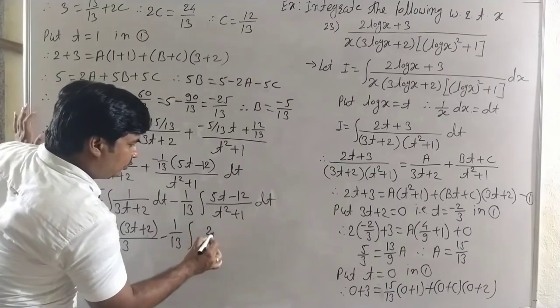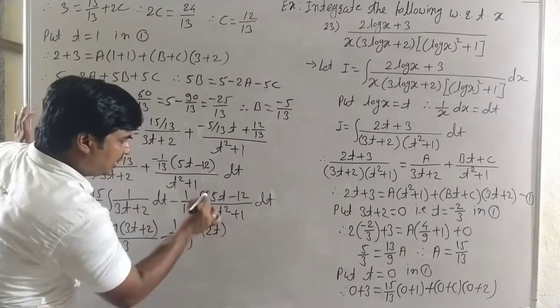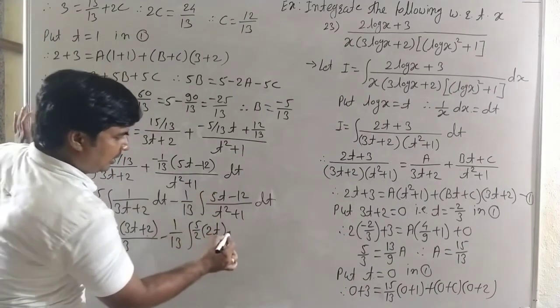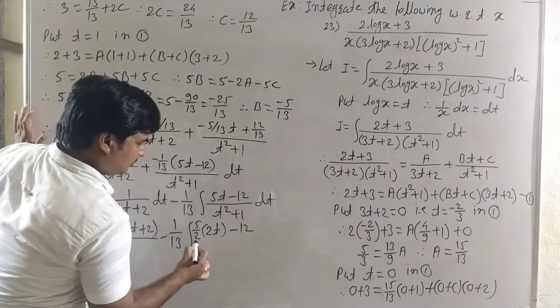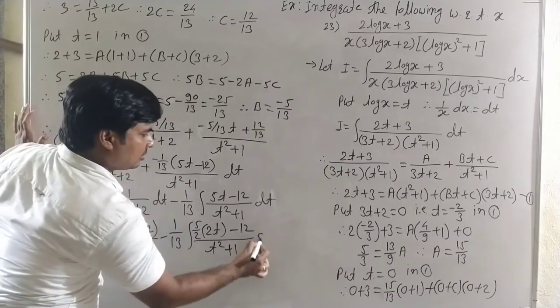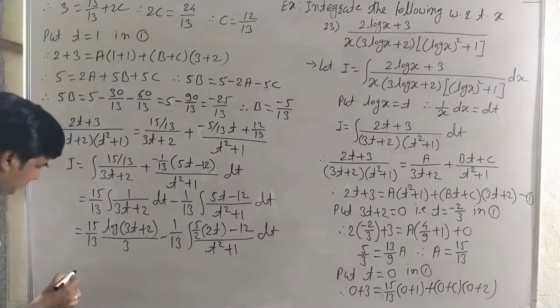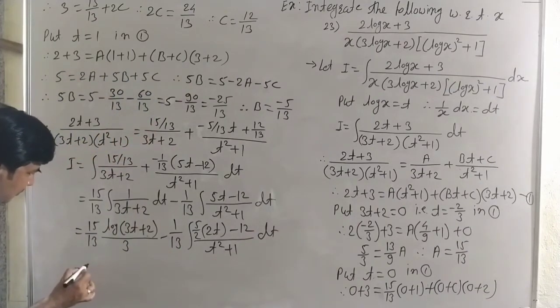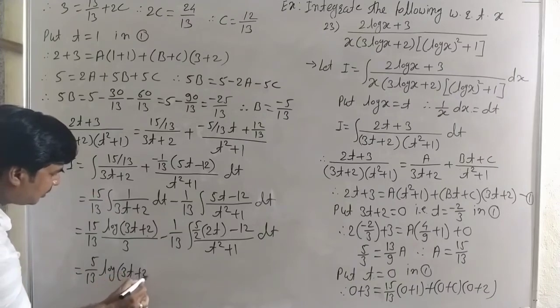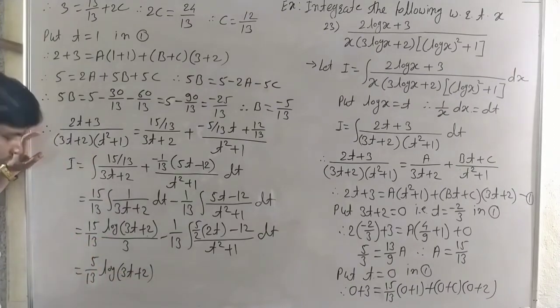We can write here 2t, but here it is 5, so multiply by 5 by 2, and minus 12 as it is, upon t square plus 1 dt. Now here 3 and 3 cancel, it is 5 by 13 log of 3t plus 2.